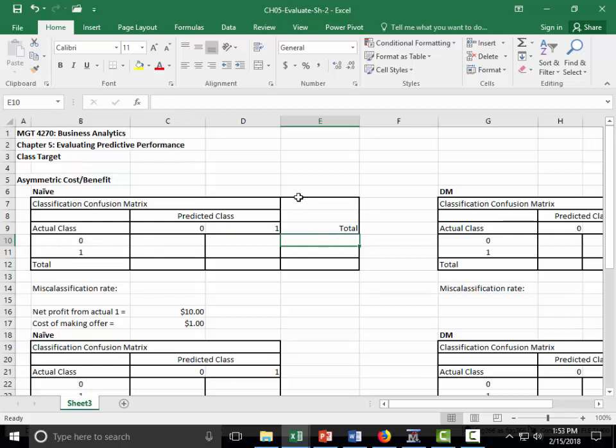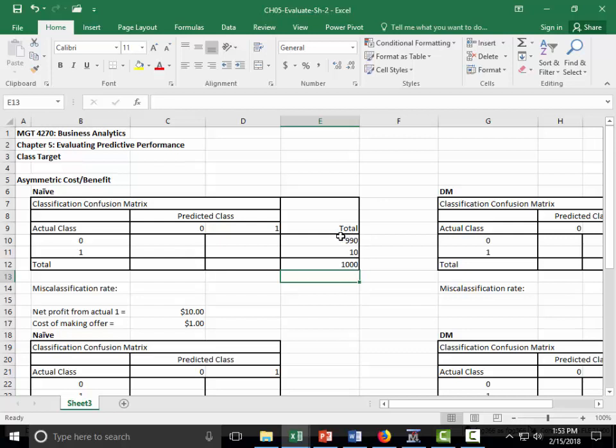Okay, and we know by examining the data there are totally 1,000, and 990 are zeros and there are 10 ones.